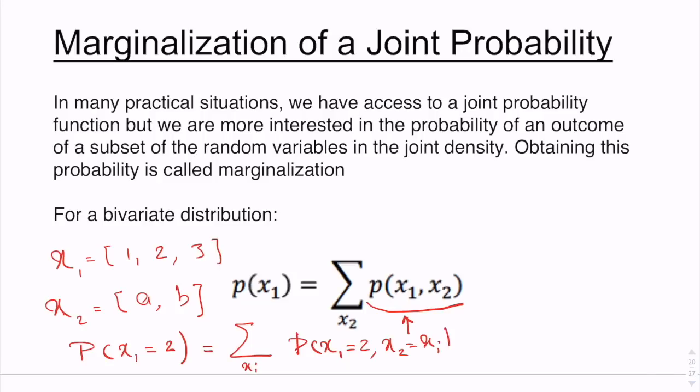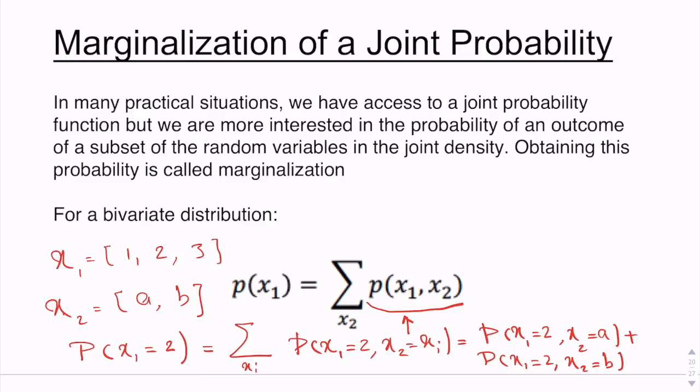That is equal to the probability that x1 equals 2 and x2 equals A, plus the probability that x1 equals 2 and x2 equals B. This is called marginalization over a random variable, and the output is P of x1 equal to 2.